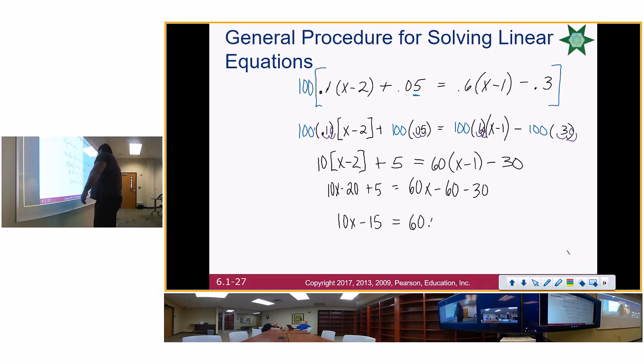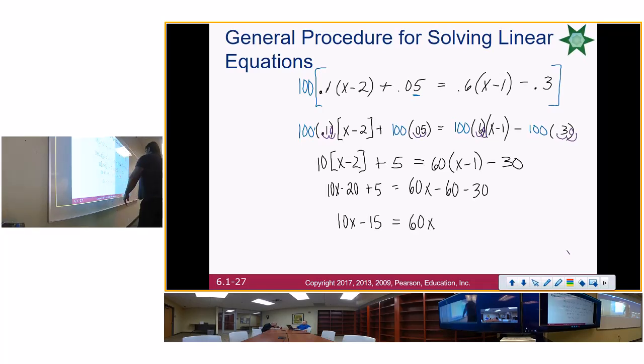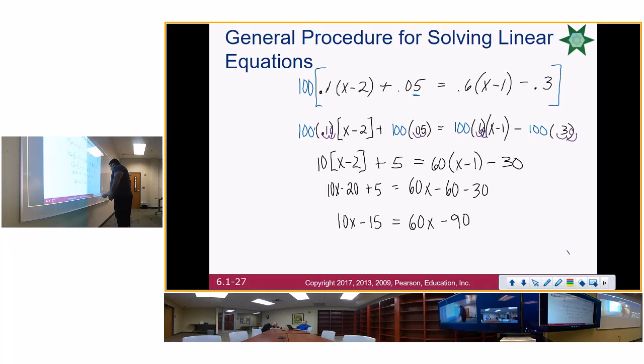You owe $60 and you owe $30, you owe what? 90. And I'm going to bring the 10x over, and it becomes minus 10x. And I'm going to bring the 90 over, that's going to be plus 90.